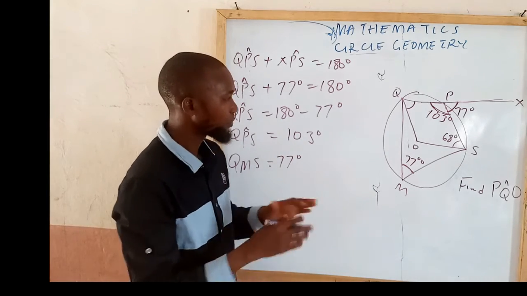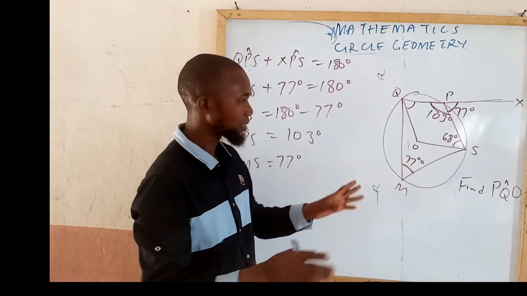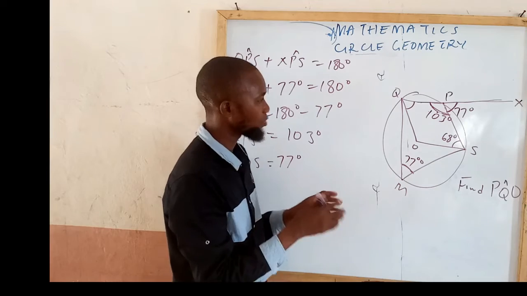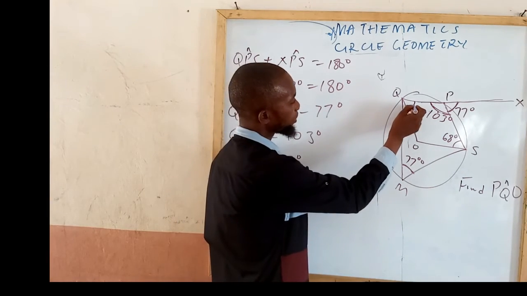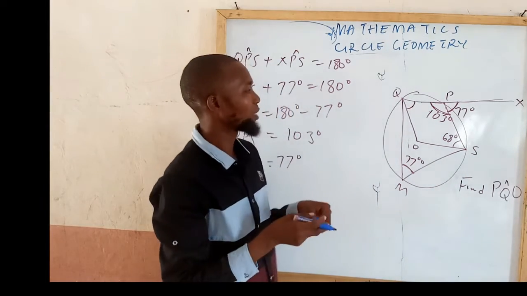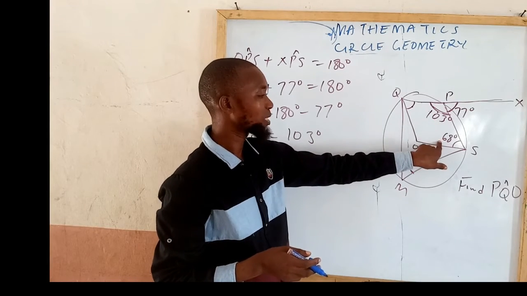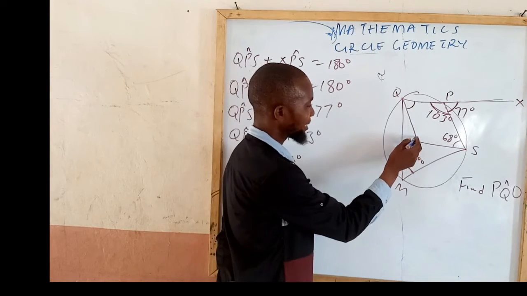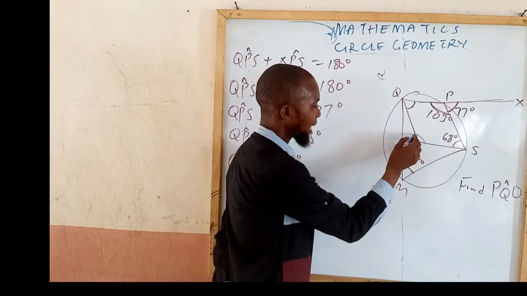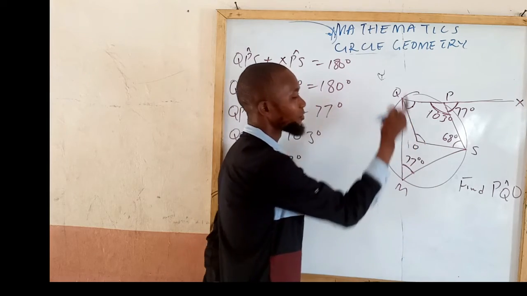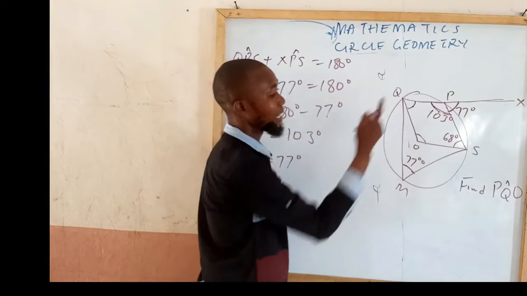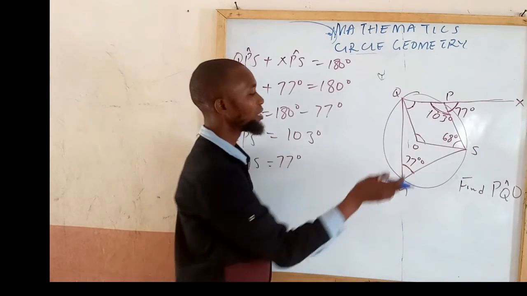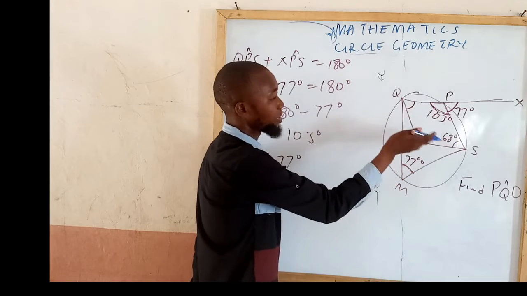One of the things we can do now is use circle geometric properties, circle theorems. Since what we want to get is this, I think we know this angle, we know this angle, and if it is possible with the little information we have, I can get the angle here. Once I get the angle here, it's very easy for me to get it. I can just treat this as a quadrilateral, and the summation of all angles in the quadrilateral gives 360 degrees. So I just add everything and subtract from 360 in order to get it.